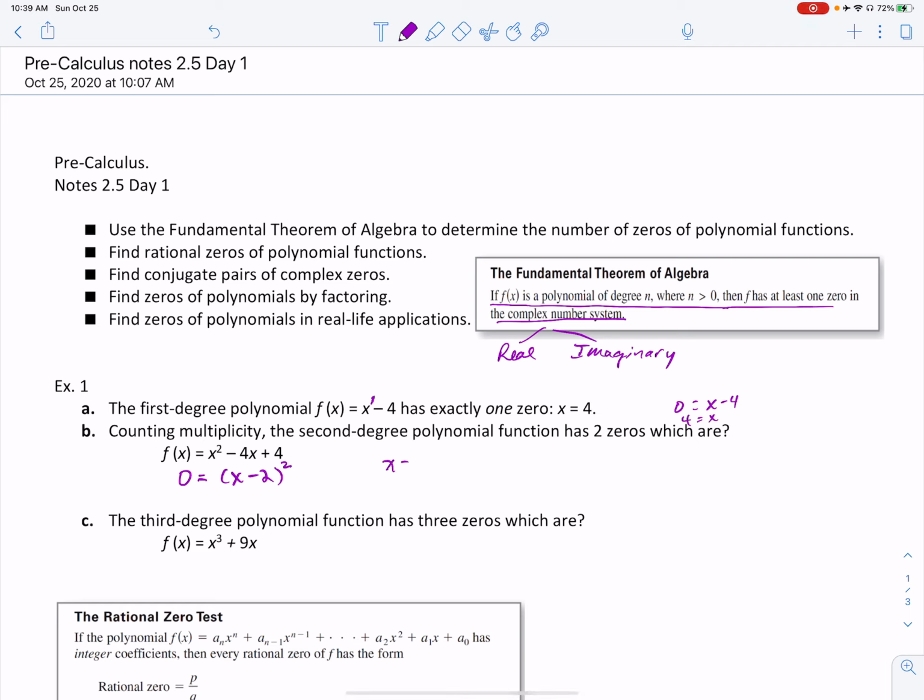So the x equaling 2 is the 0, but since it has an exponent of 2, x equals 2 is of multiplicity 2. And so the second degree polynomial has two zeros if you include multiplicity. So each power is counting as a multiplicity. So it's a multiplicity 2, therefore we're counting for both of the zeros. So x equals 2 of multiplicity 2.